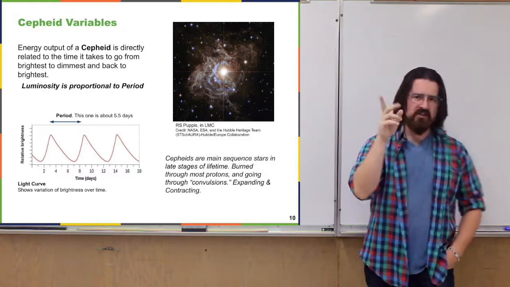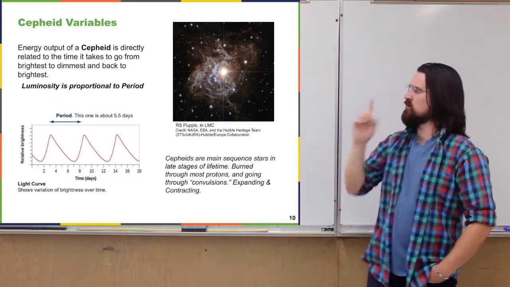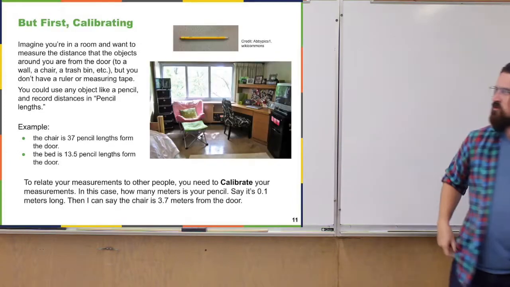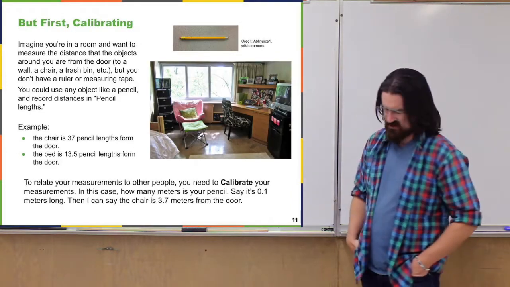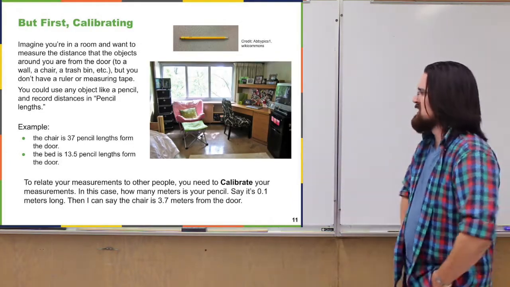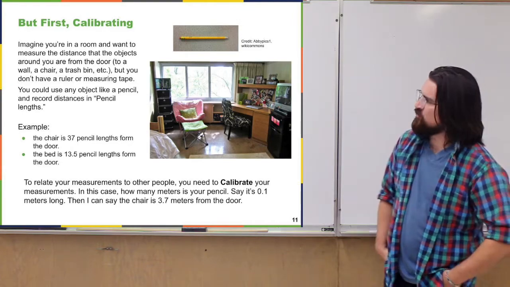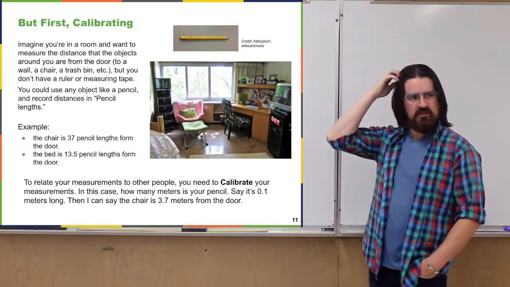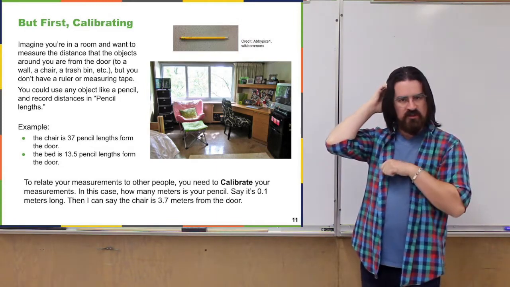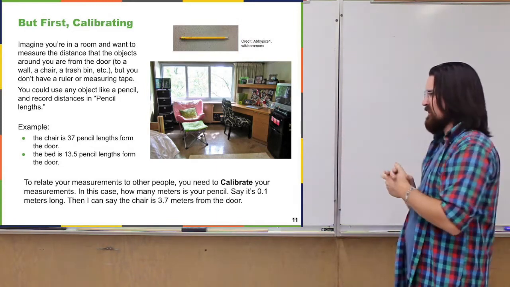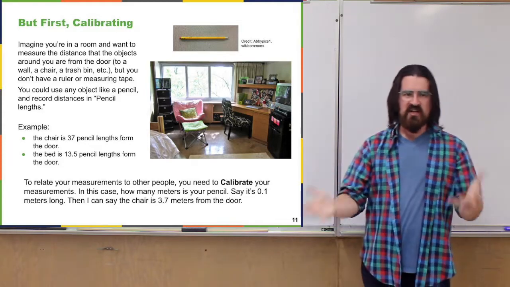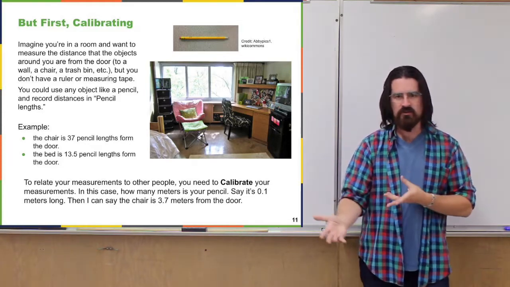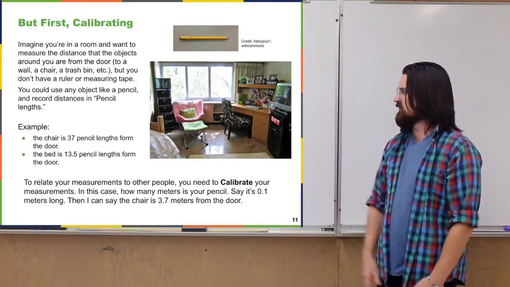Right? Calibrating is maybe a tricky idea, so I think we're going to talk about calibration for just a minute. So I came up with this maybe silly example where you want to measure, say, the distance to different objects in your room from the doorway into your room. You want to do that, but you don't have any standard measuring tools, your ruler, measuring tape, meter stick.